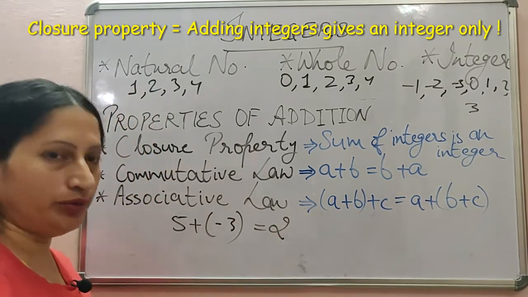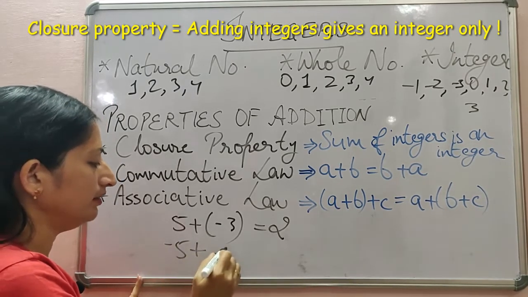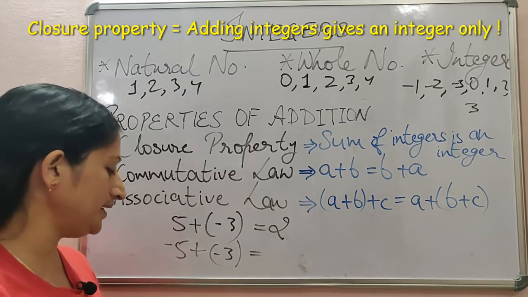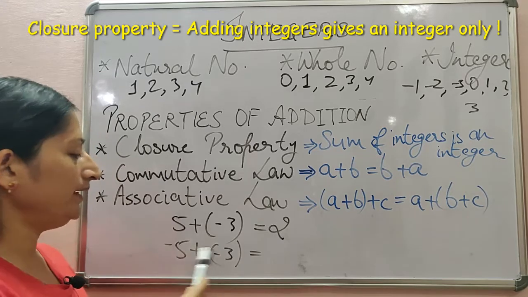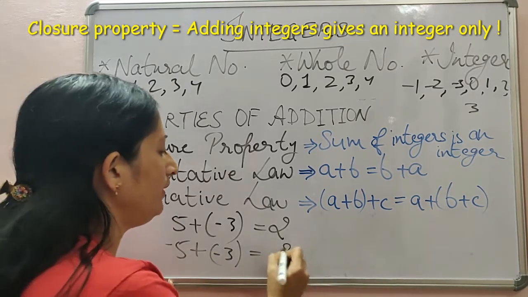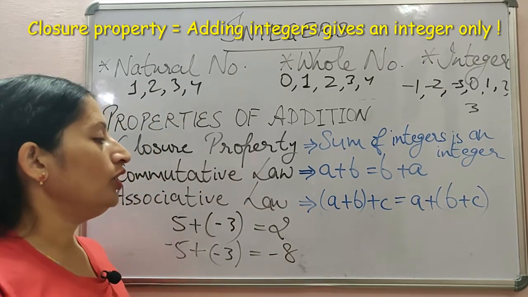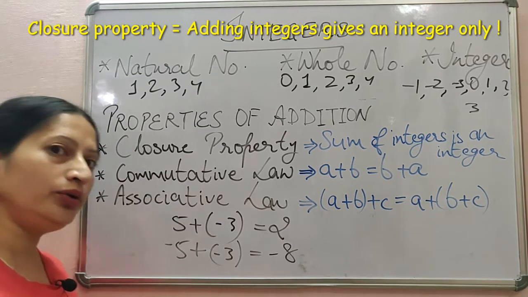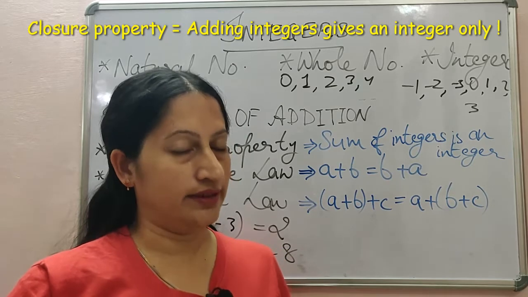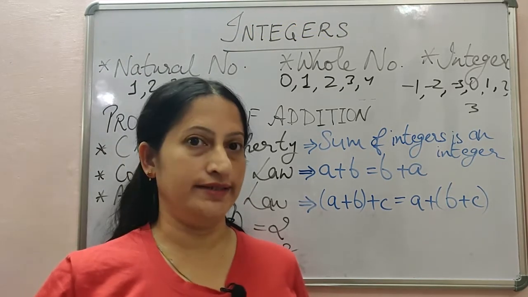Now suppose I do -5 plus -3. Because both of them are negative, it will become -8. Now -8 is also an integer. So whenever you add any two integers, their sum will always be an integer, and this is your closure property of integers.